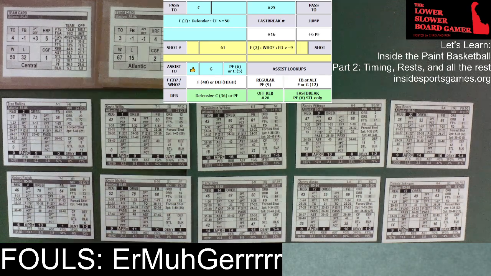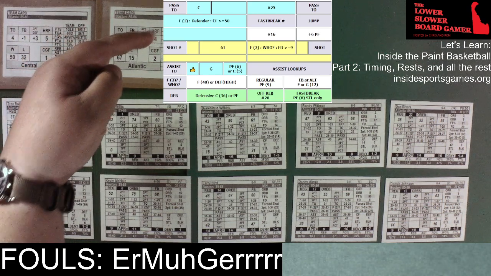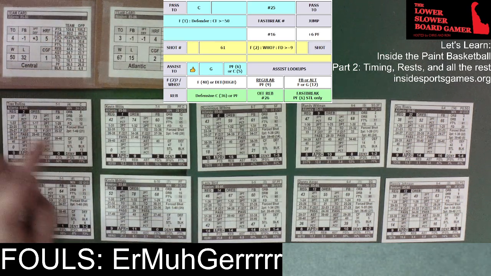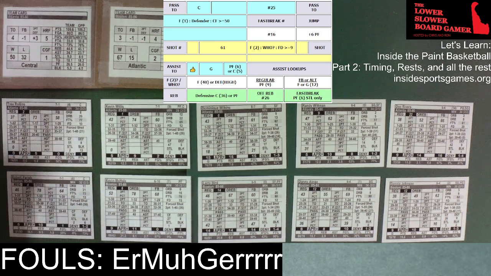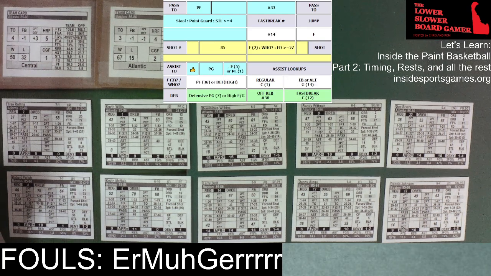Here's another one for Robert Parrish, and he's going up. Possible stoppage right here if the defender has a CF of 50 or greater. 51, Tree Rollins. So it's going to be a new pass 2. And we're going to have the power forward, Kevin McHale, on the inbounds.